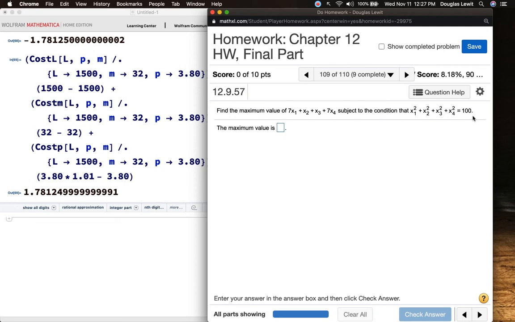What are the boundaries of this problem? What if x2, x3, and x4 are 0? Well, x1 obviously is going to have to be 10, because 10 squared is 100. And the same thing with x2: what if x1, x3, and x4 are 0? Then x2 has to be 10 because 10 squared is 100.